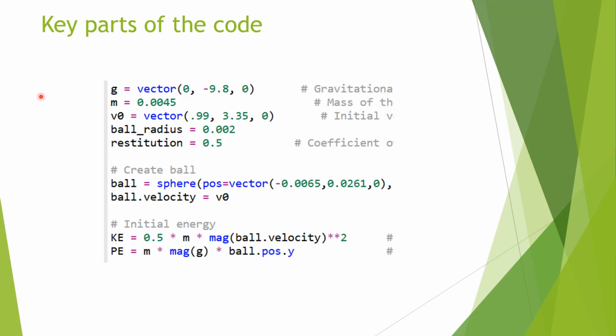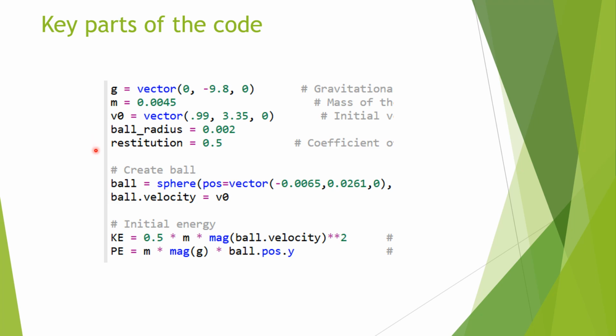Here, I have the force, which is gravity, and then the mass, which was just the average mass of a piece of notebook paper. This is my initial velocity, which I found from looking at the first 2 points in my tracker video and averaging those velocities to find what the initial one was. And the ball's radius, which was just an estimation of what it should be.